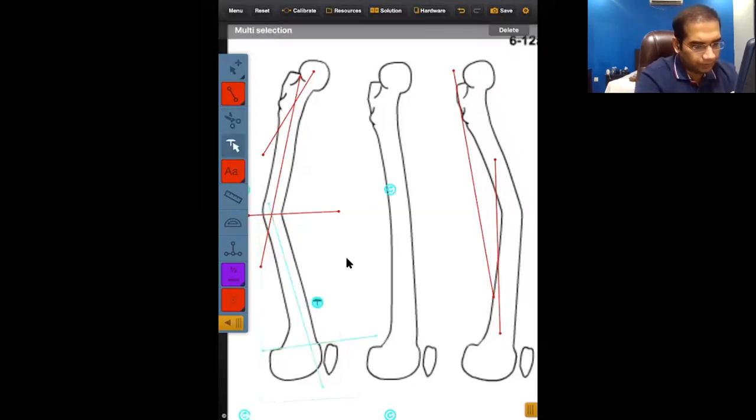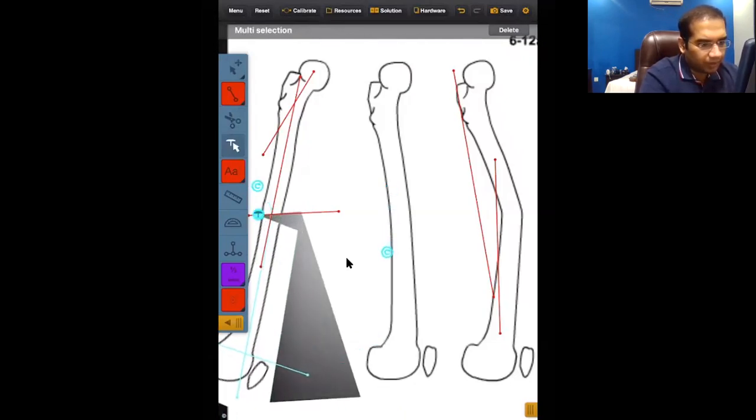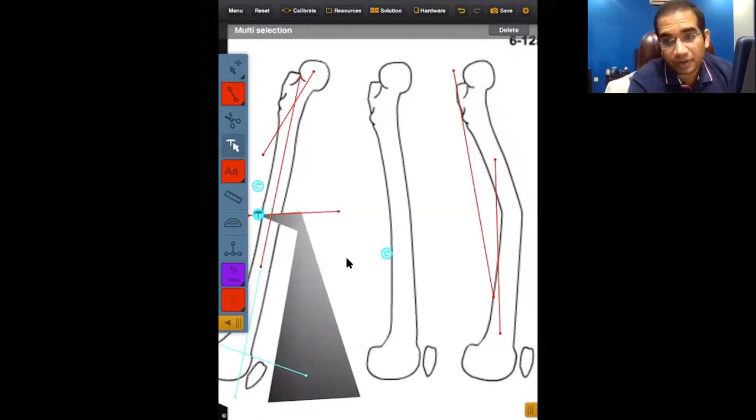Just simply going to open up the hinge, and now both these lines have been joined.